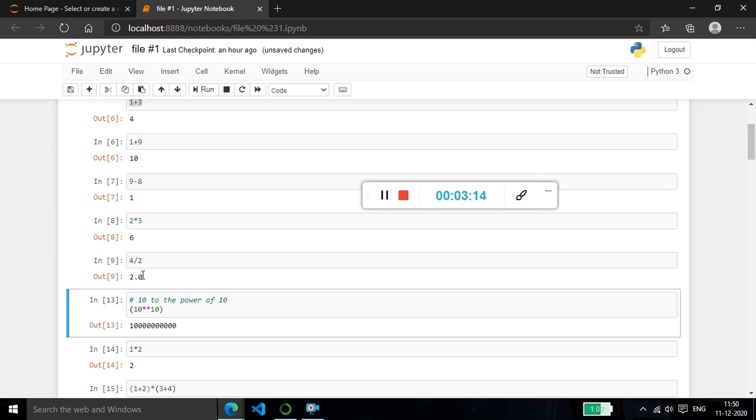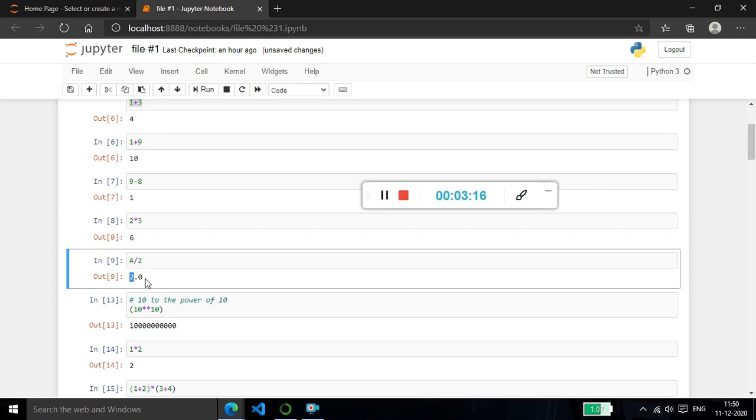It should show 2, but it shows 2.0, because this is raw Python code. What is raw and finished? Let me take a real-life example of a vegetable, lady fingers.